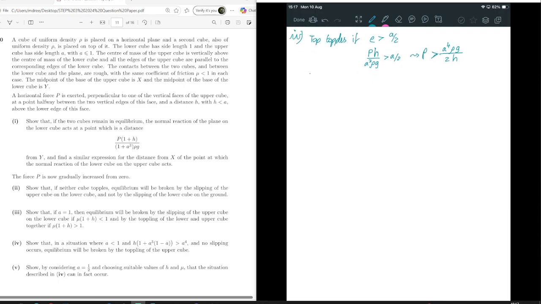And then the entire system topples, or I should now say lower topples, because we've got the case that the top may topple first.